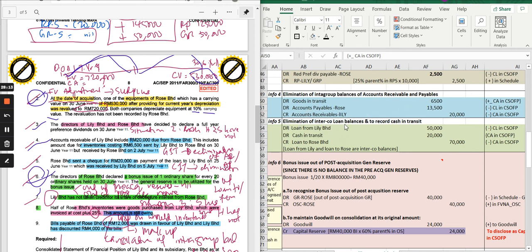For the case of loan, it is due to the cash in transit. So the cash in transit was 20,000, so that will be recorded. Either you can record that directly to the cash account, or you can see what I do here is that I put in the cash in transit 20,000.